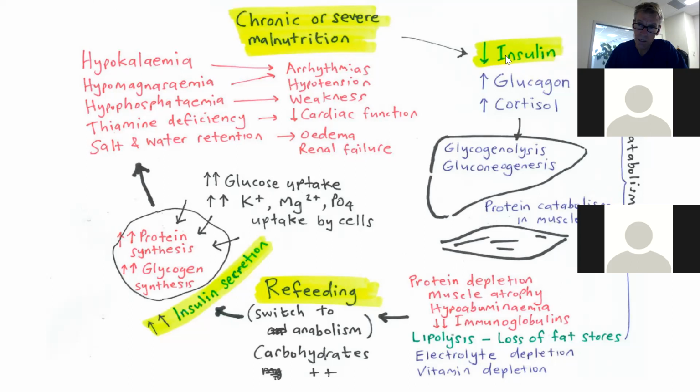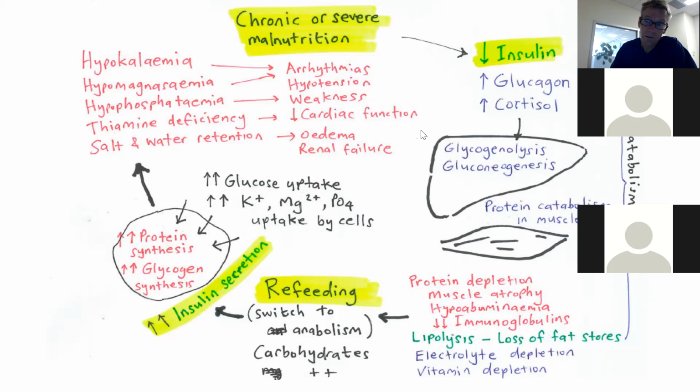If you take a child with severe malnutrition and then you refeed them, that seems like a relief. But they switch quite quickly to anabolism, which just means building up of protein, muscle stores and fat stores. It means they then have marked increases in insulin secretion, which leads to glycogen synthesis in the liver, increased protein synthesis and new muscle. But that requires a lot of electrolytes, and it requires thiamine to be taken up into cells.